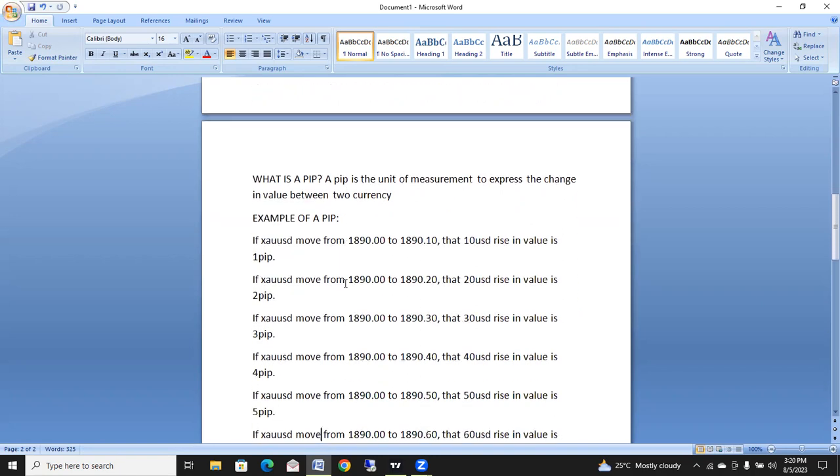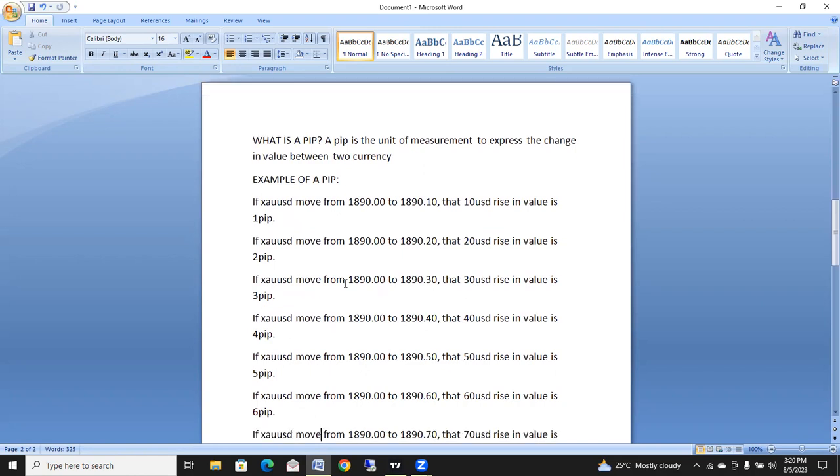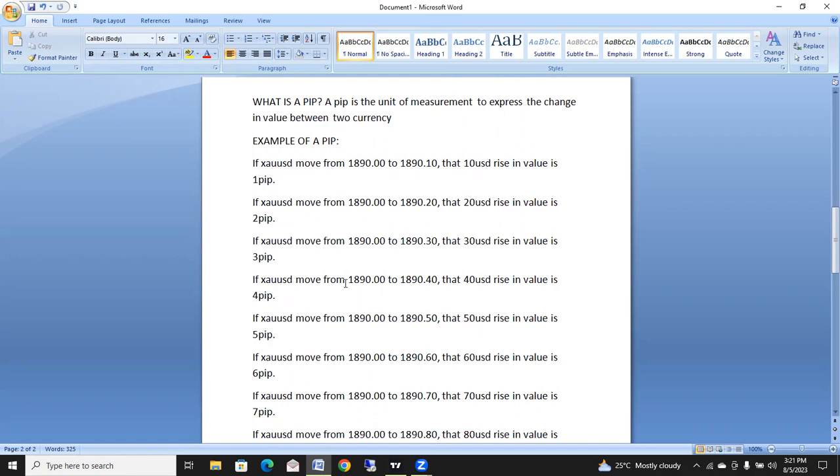First of all, you want to ask, what is a pip? A pip is the unit of measurement to express the change in value between two currencies. Because XAUUSD is a two-currency pair, which is gold against the United States dollar.